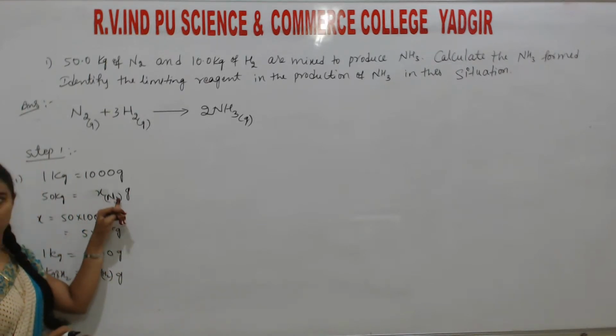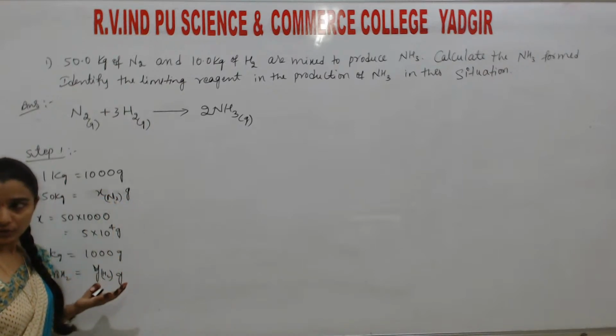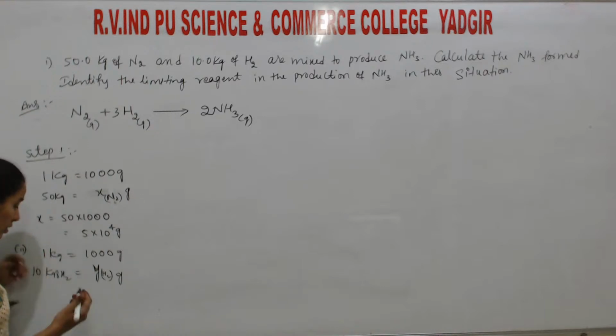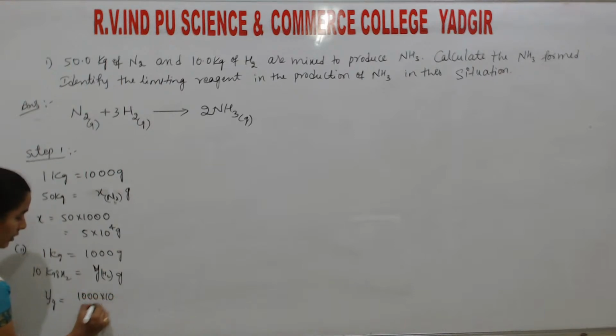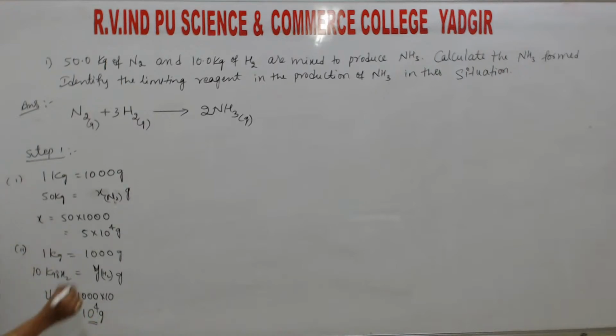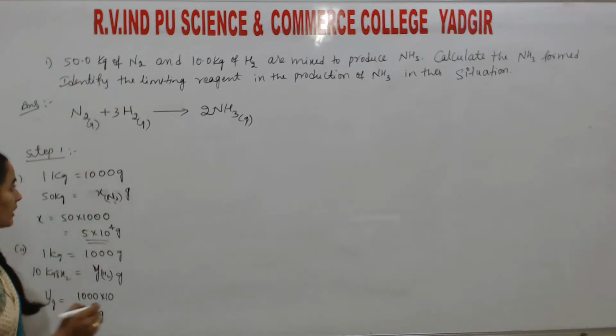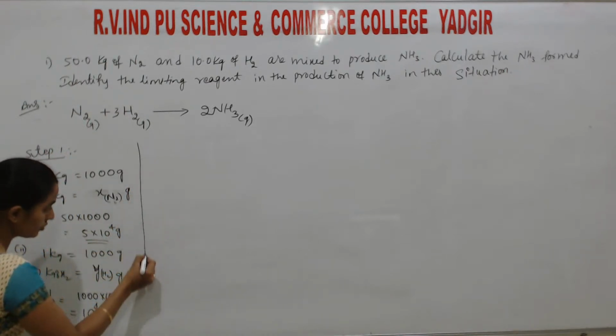The gram of N2 is taken as x and the gram of H2 is taken as y because they are unknown. So y gram is equal to 10,000, that is 10 to the power 4 gram. Initially, this is converted.